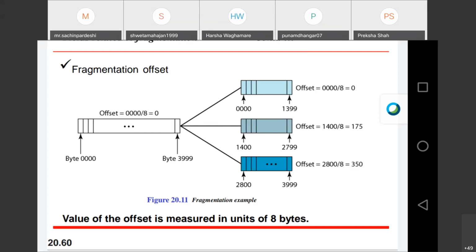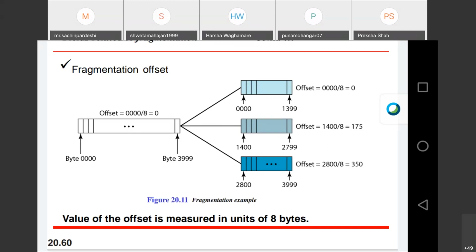Again in the second part, 1400 bytes of data are added, and in the third part the remaining data is added. Okay. The offset is calculated by dividing the first byte number by 8.